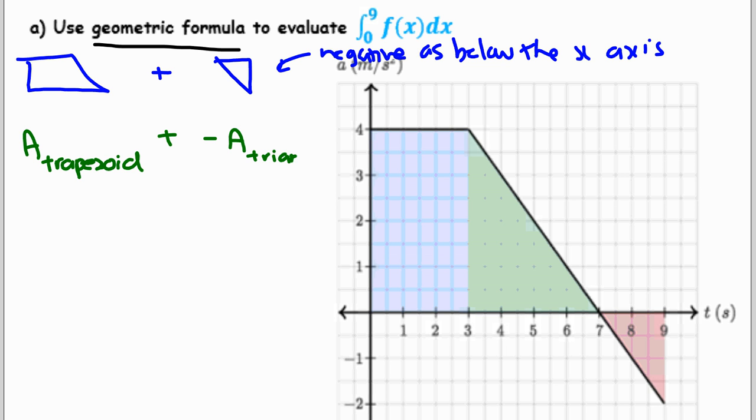If you realise plus minus is minus overall, you can put it in as minus. So it's the area of a trapezoid plus the negative of the area of the triangle. And the trapezoid, what's its height? 4. Good. You can just get that from the graph.